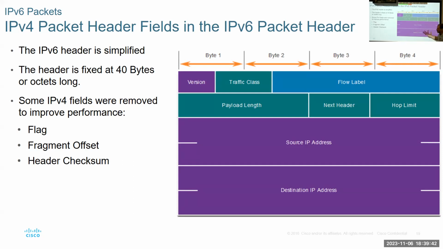So if you have a time-sensitive application, for example, voice or video, then the flow label can ensure that the packets all go out the same interface, because the internet's going to have fault tolerance. It might have 2, 3, 4 or more routes to get to the end network.